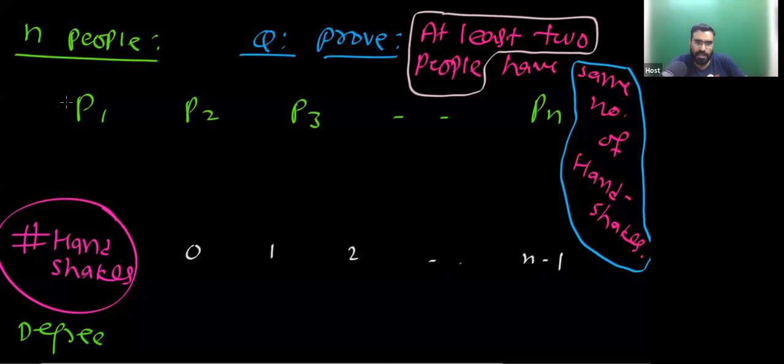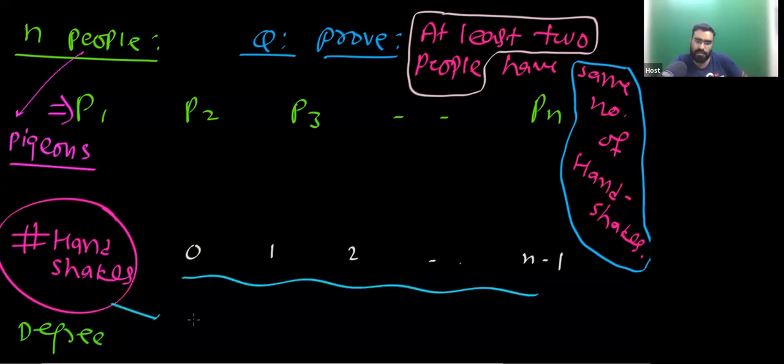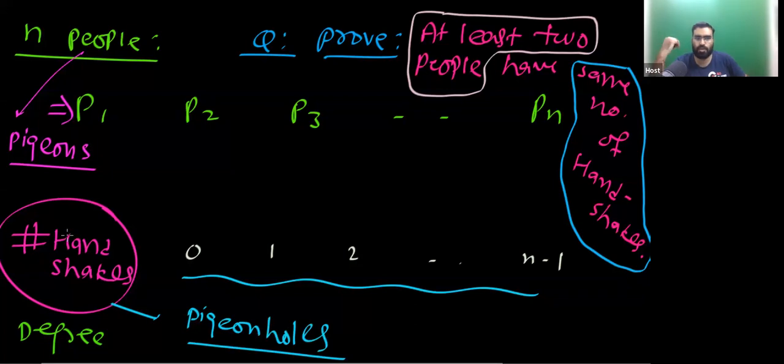Who are the pigeons? These people are the pigeons because they are going to the pigeonholes. And these numbers of handshakes, these are the pigeonholes, right? So how many pigeons are there? N pigeons are there.